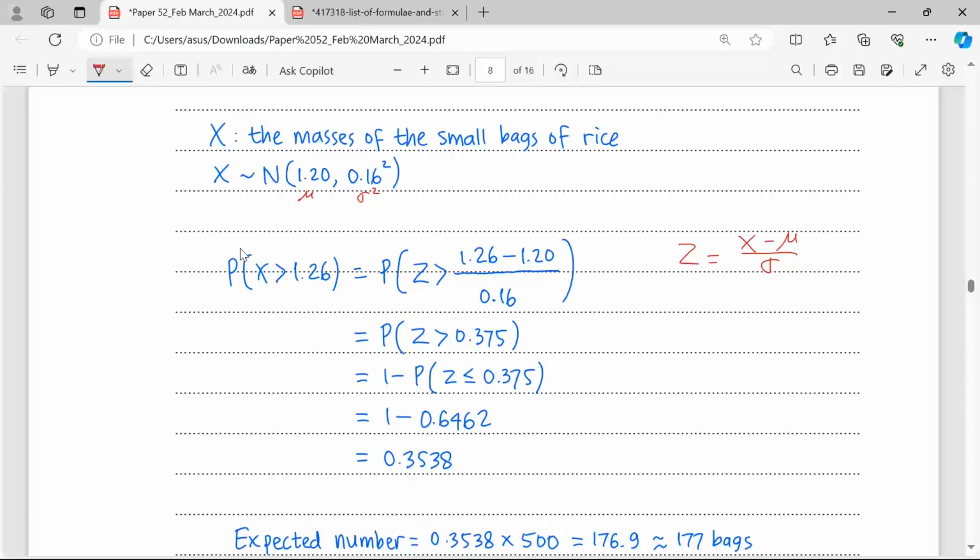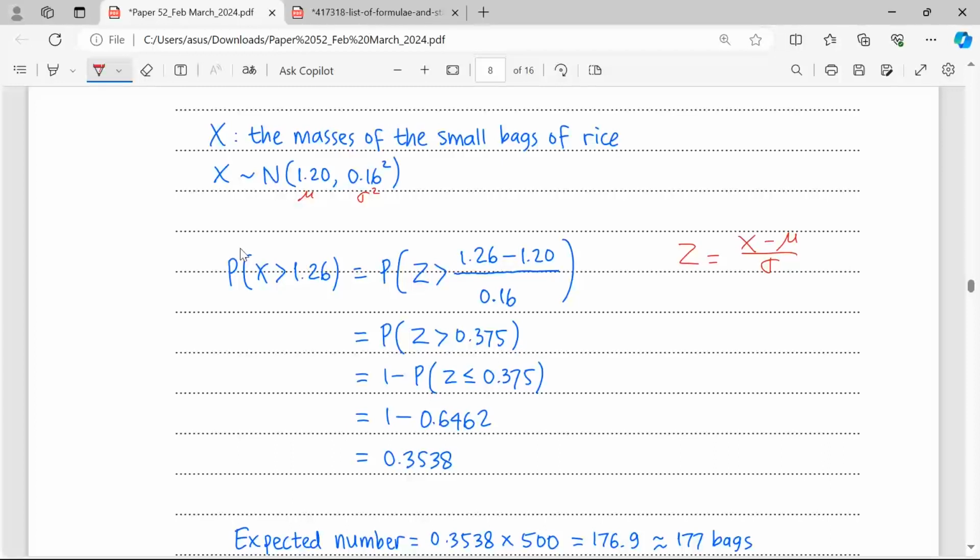So x becomes z, and the sign stays the same, greater than. Then 1.26 minus mu, 1.20, divided by sigma, 0.16. Work this out, we get probability z is greater than 0.375.